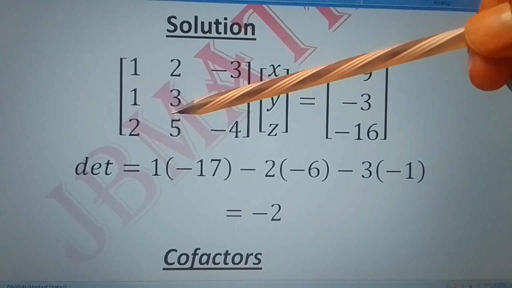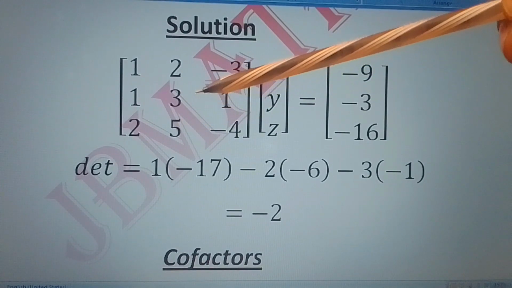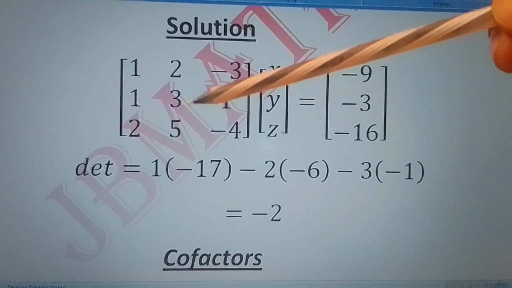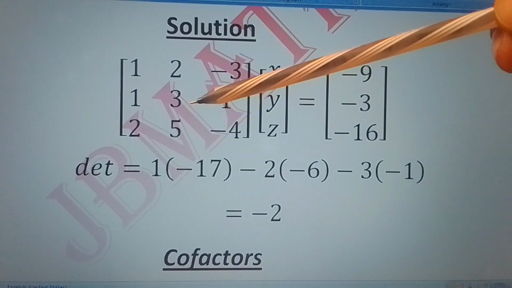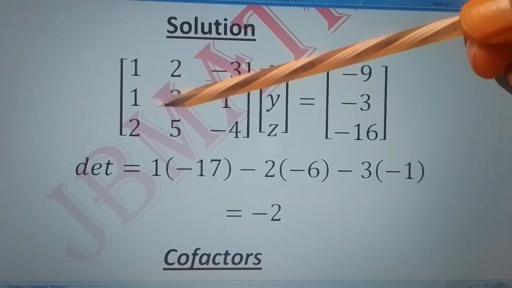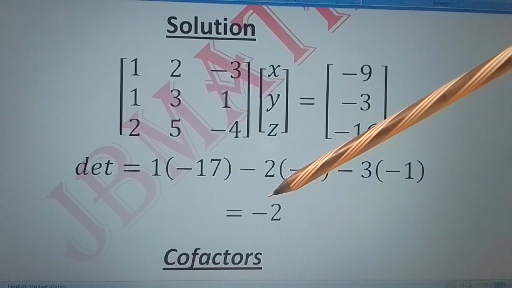To get it, you can check our previous videos on how to get the determinant of a 3 by 3 matrix. Here we will just go straight to the point. That one will give us negative 2.